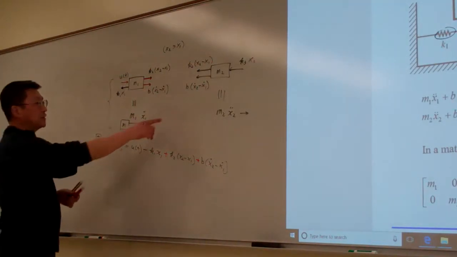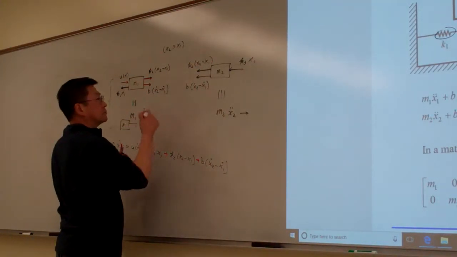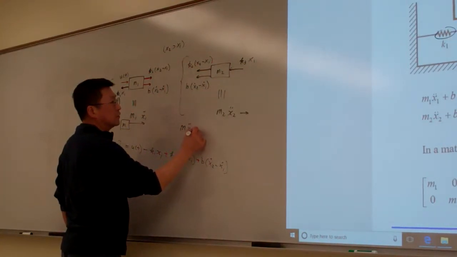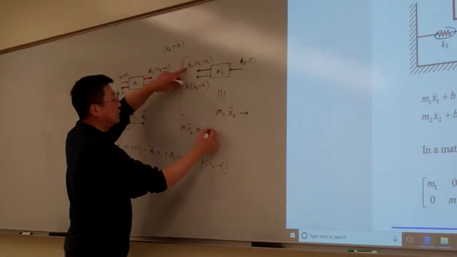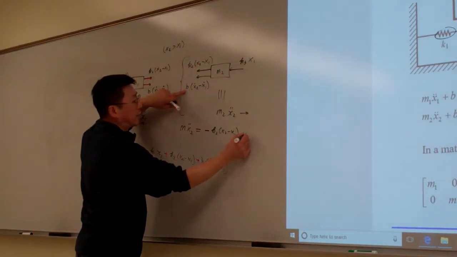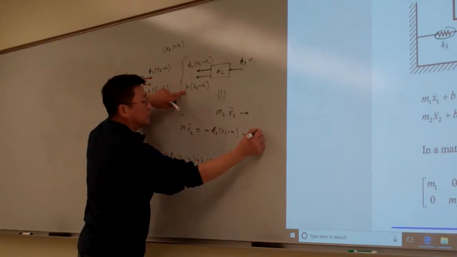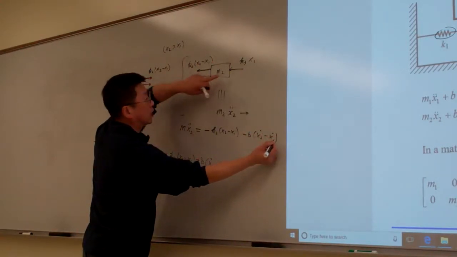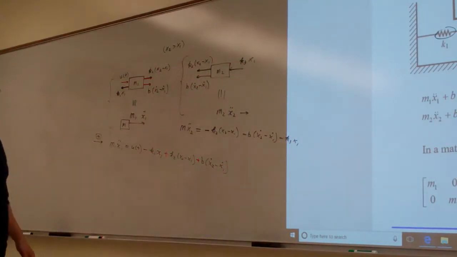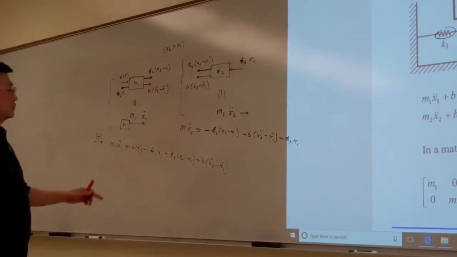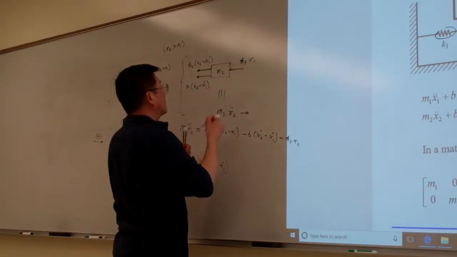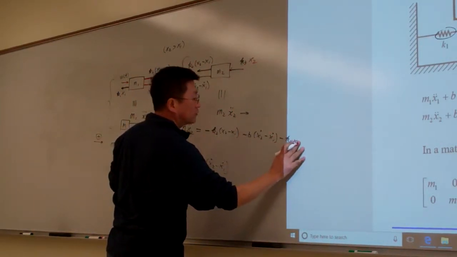The same thing for this equation: m2 x2 double dot will be equal to minus k2 times x2 minus x1, minus b times x2 dot minus x1 dot, and minus k3 x1. Should that be x2? K3 x2. K3 x2. Thank you. Sorry, typo.